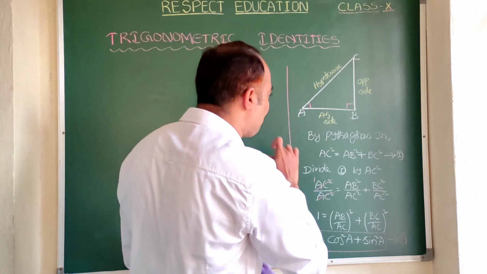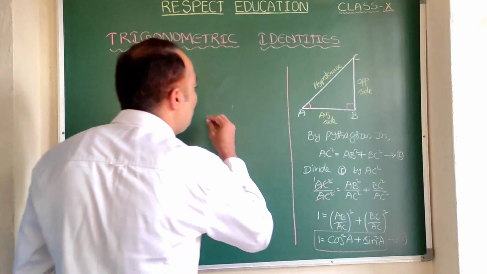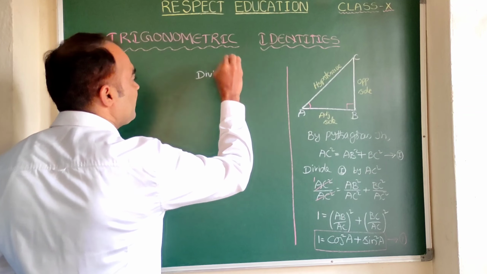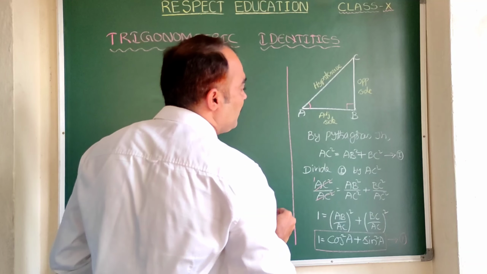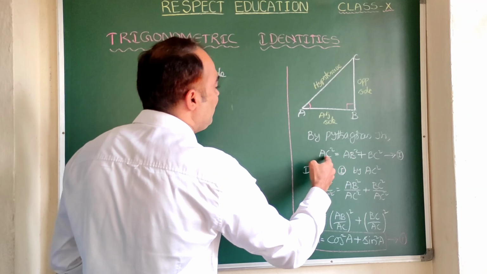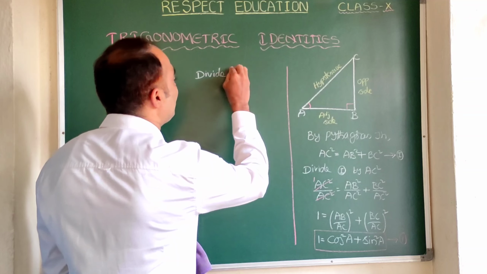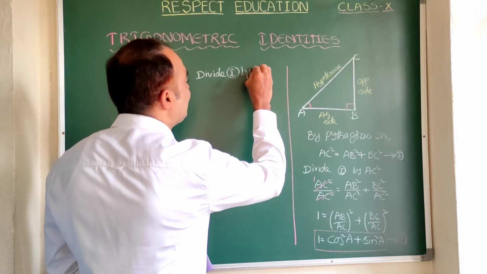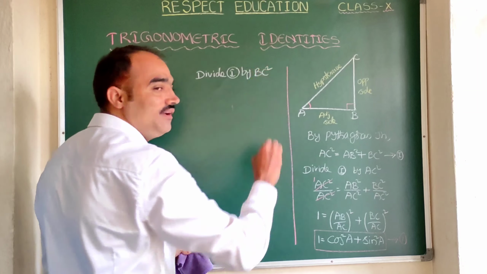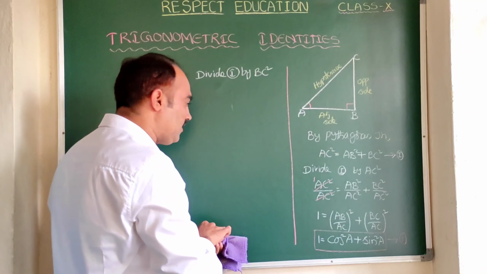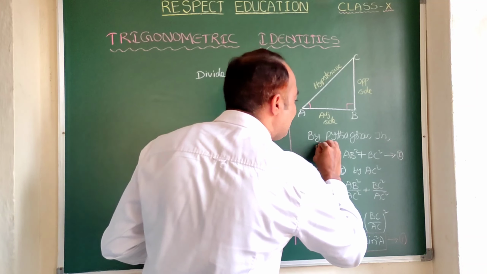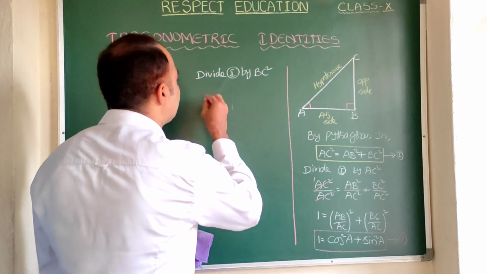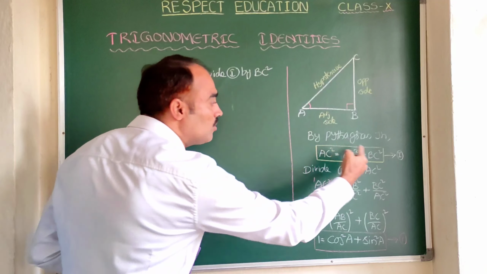So equation 1, that is AC square is equal to AB square plus BC square. Let us divide with BC square on both sides.